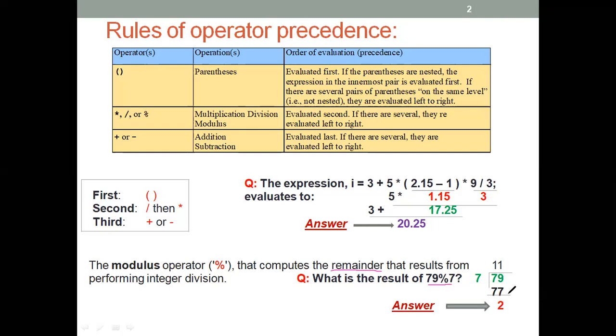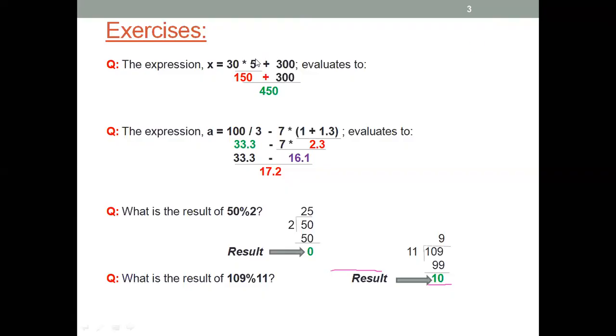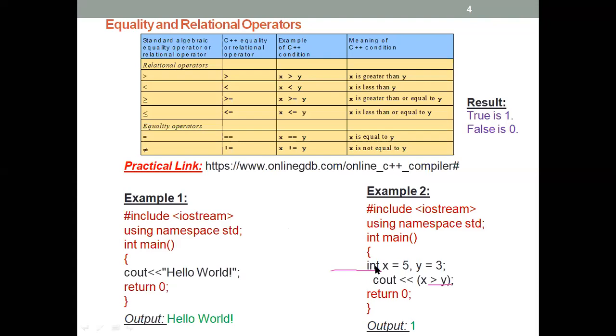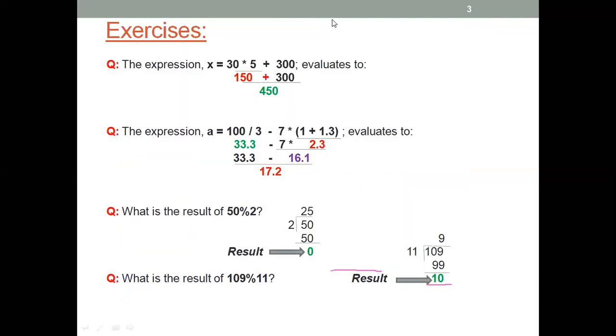This one I already explained in the last class. These are the sum exercises, and we did them last class.